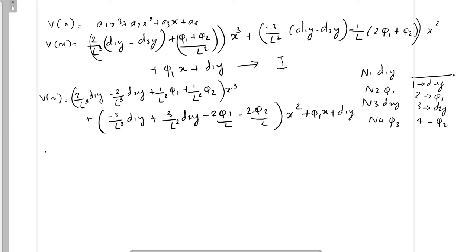So I am going to separate the terms for d1y initially. I am taking 1 by L cube as common because all the terms contain 1 by L cube at maximum. So see the cofactor of d1y. We are taking L cube outside, so 2 multiplied with x cube. So 2x cube minus, where another d1y is here, it is 1 by L cube we have taken outside, but here it is 1 by L square only.